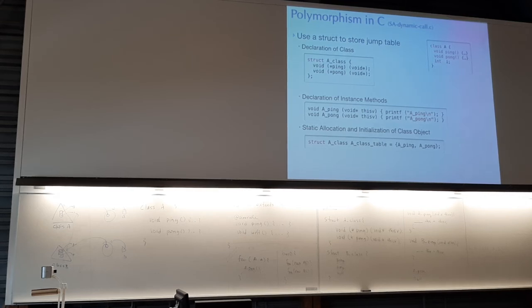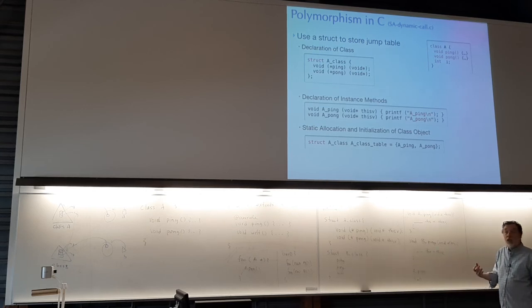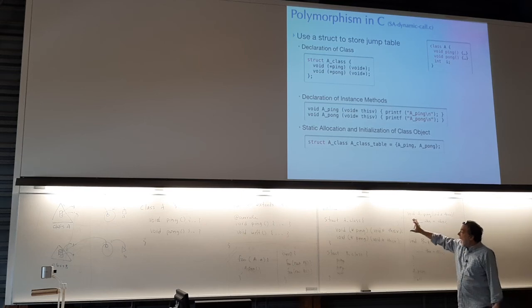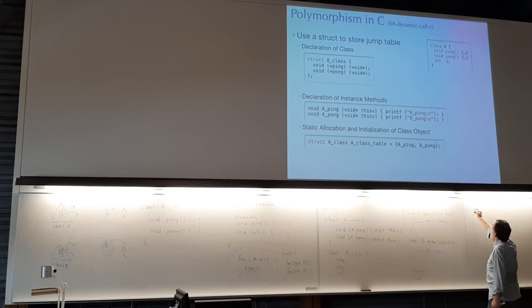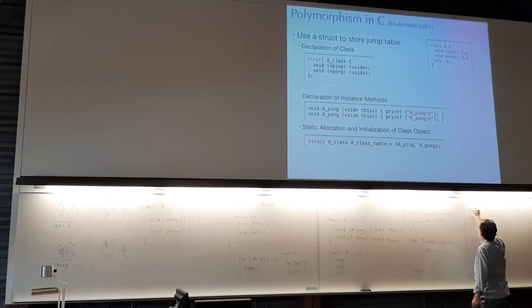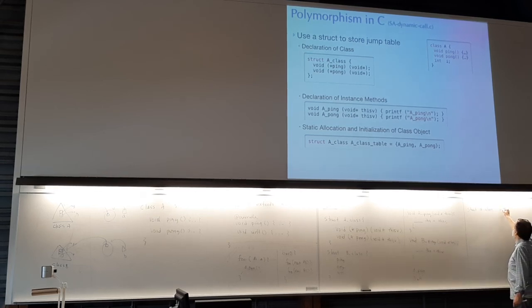So this is going to be a global variable that is statically declared and statically initialized to be either that struct or this struct. So I'll have one thing that's called a class table. Its type is struct A class. And it's statically initialized like this.